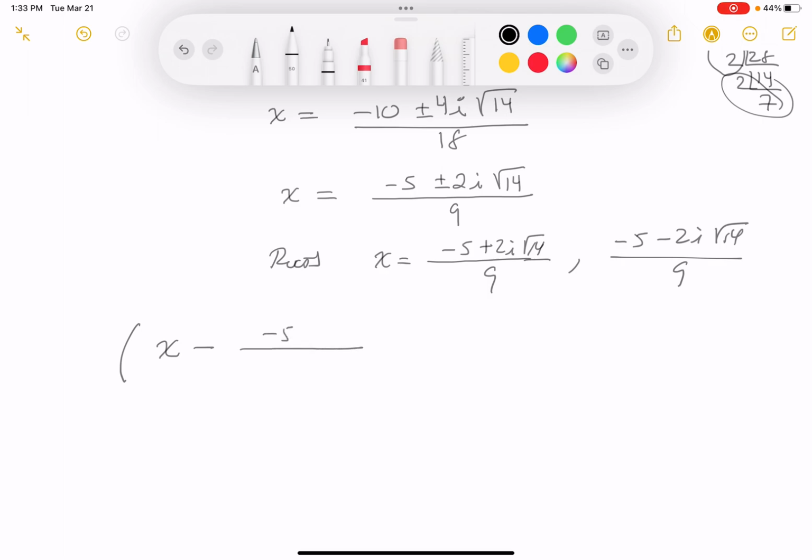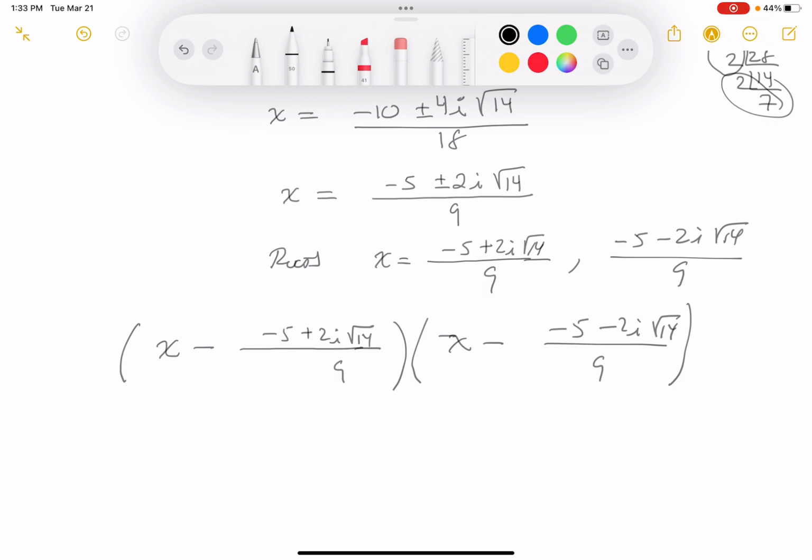Minus 5 plus 2i root 14 over 9. And what goes over here? Let's take a look. x minus 5 minus 2i root 14 over 9. All right? And I'm going to say that's a factorization of the problem.